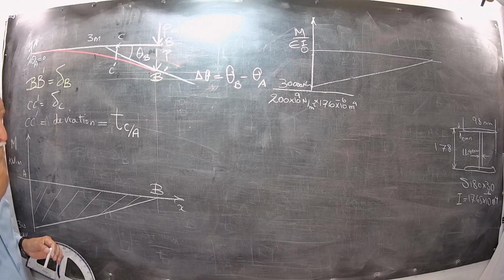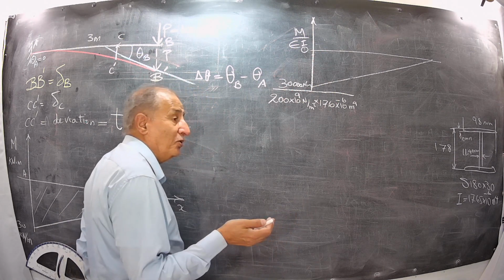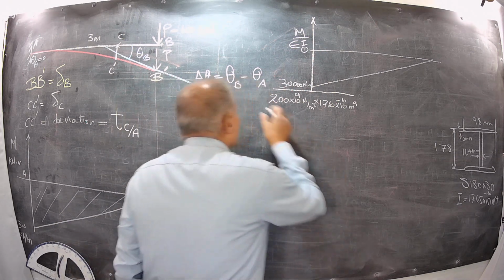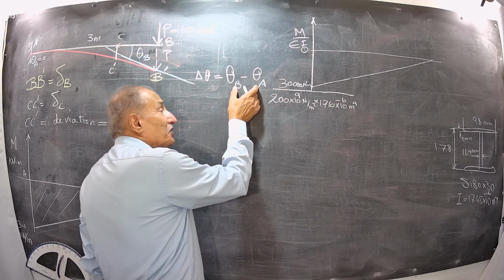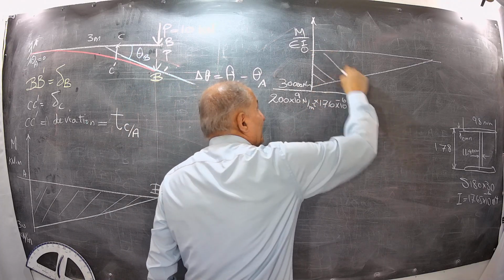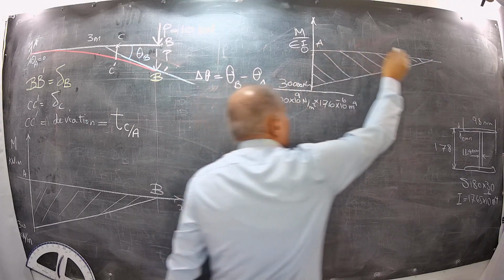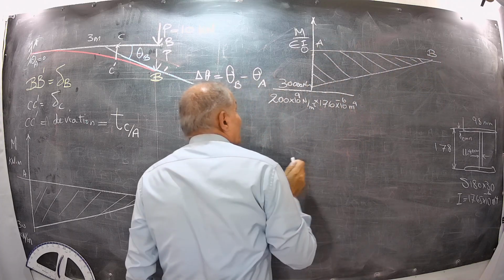Okay? Then, the slope first theorem says, we can prove it in another video, that the change in the slope between 2 points is equal to the area between these two divided by EI.